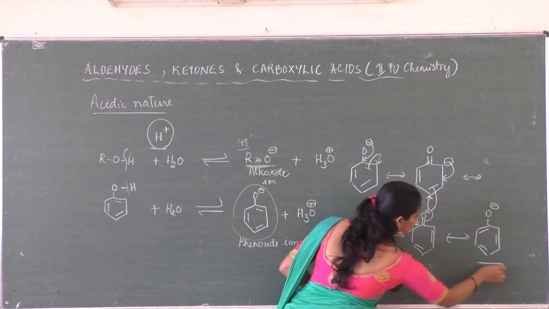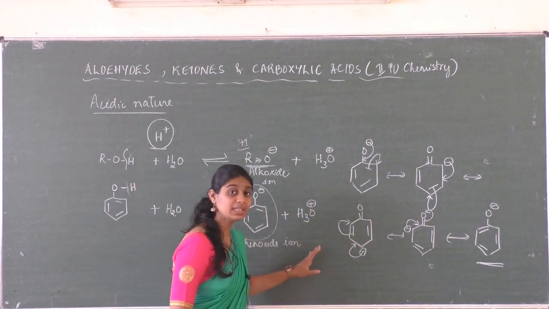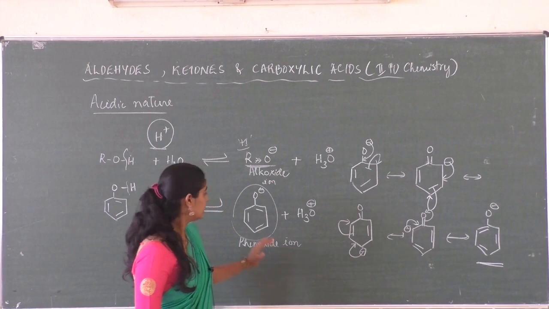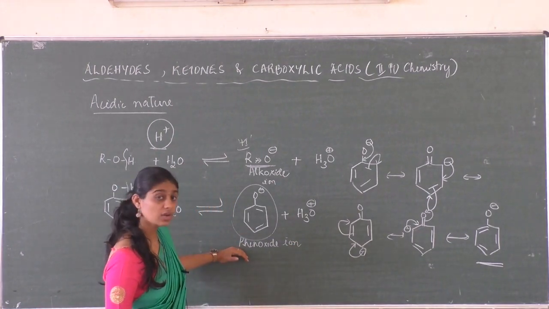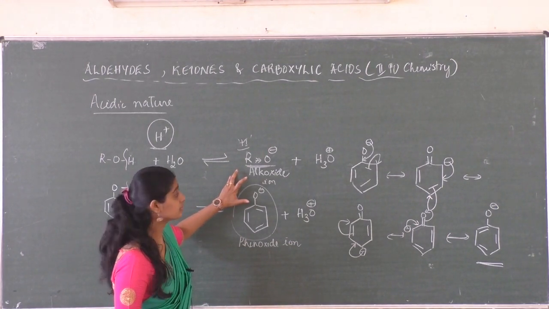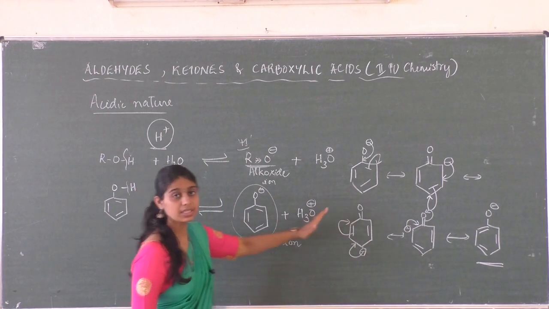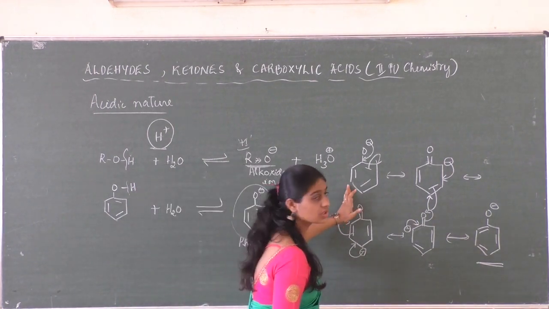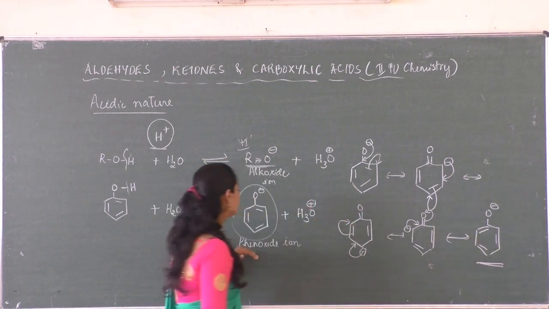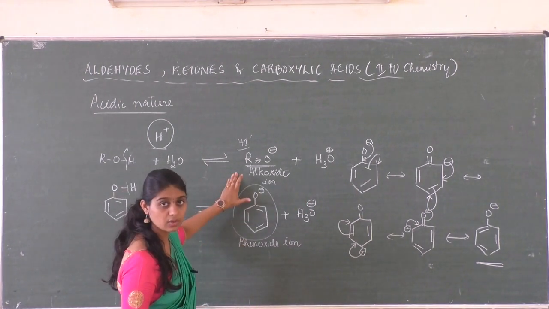And we know that a compound becomes stable when it has equivalent resonance structures. So this phenoxide ion has resonance structures, whereas the alkoxide ion does not. Therefore, because of the resonance structures formed, the phenoxide ion is more stable compared to the alkoxide ion.